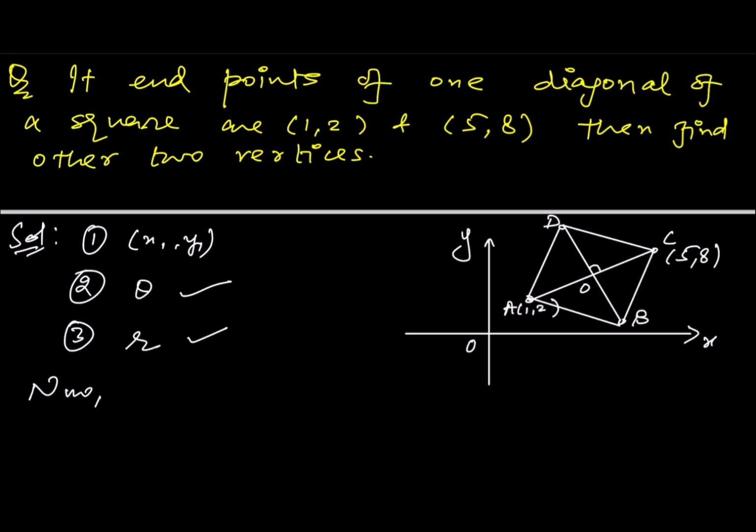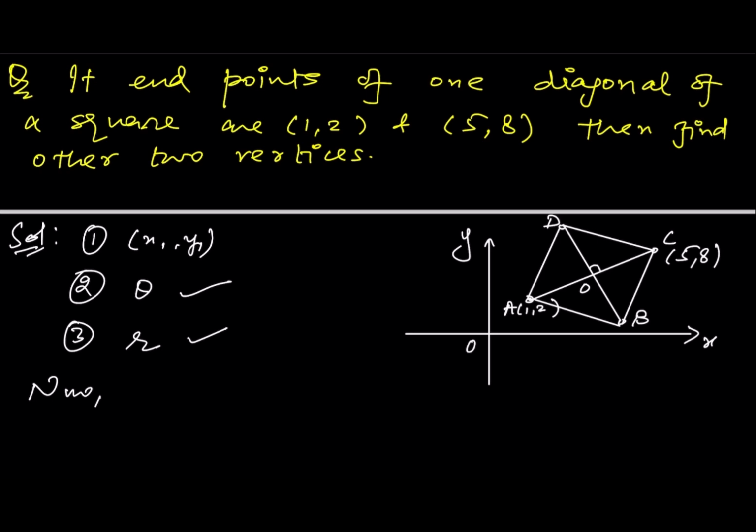Now, what about x1, y1? x1, y1 is a point from which a line is passing, and you are on the line BD. So BD is having midpoint O, which is same for AC.